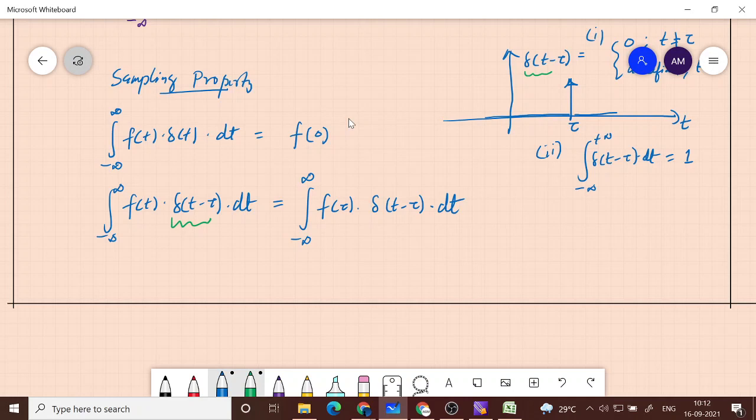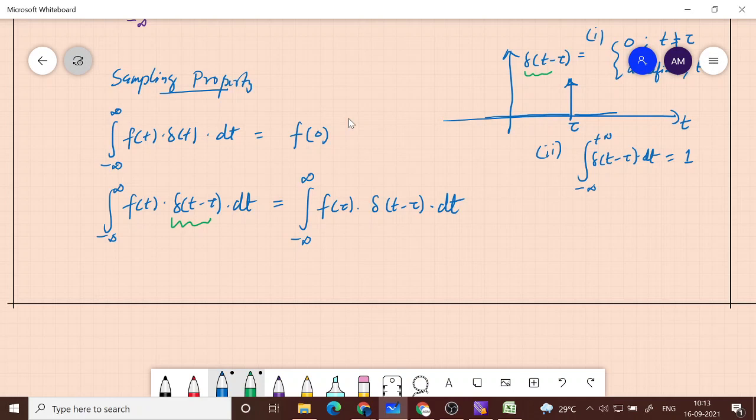Therefore I can multiply that function with f of t, or with a constant f of tau also, because that is the only place where it matters. Whether I multiply with 1 or 2 or 3 in the remaining part, it doesn't matter, because delta of t minus tau will make it 0 at all other places except at t equal to tau.